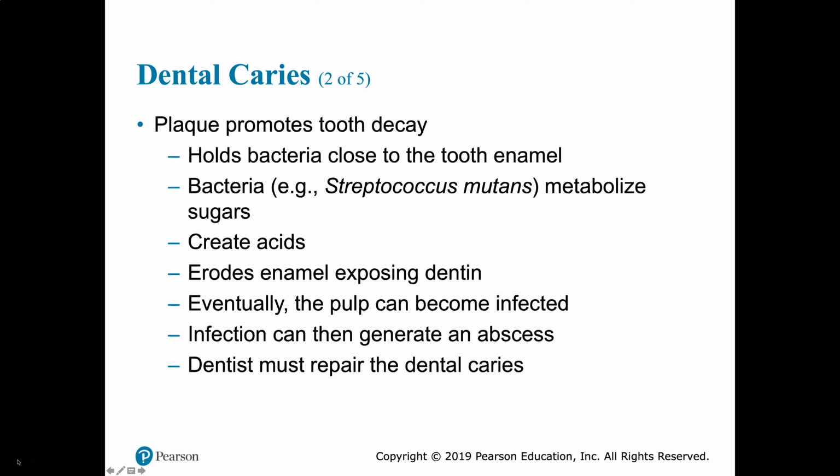The most common bacteria to start what we call dental caries or cavities is Streptococcus mutans. Strep mutans attaches to the teeth, and then it metabolizes whatever sugars enter your mouth. They metabolize the sugars, and as a byproduct, it creates an acid.